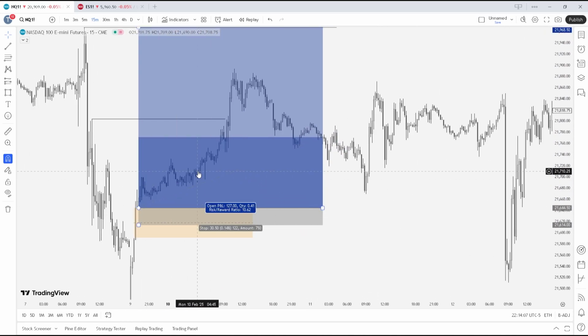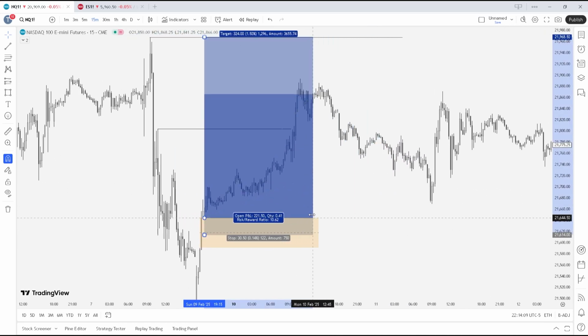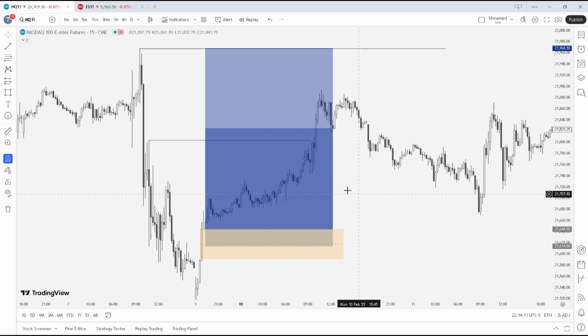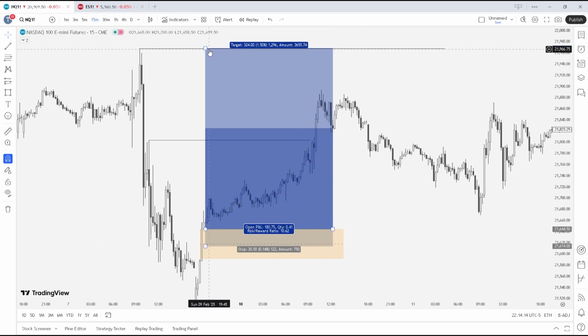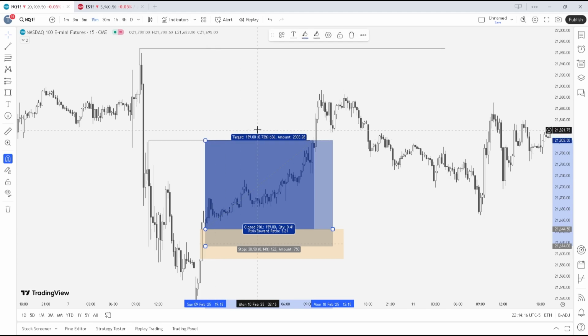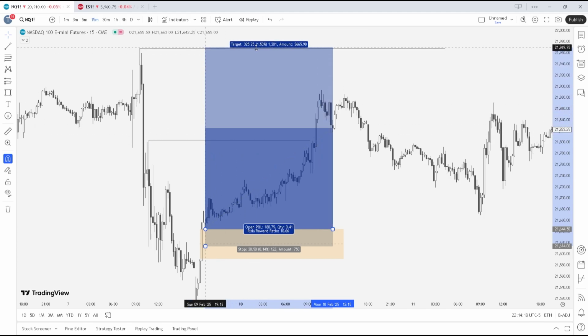But if I were to actually take this trade, at this first intermediate term high, if my TP was up here, I would take some off. So I would scale some of my contracts out.